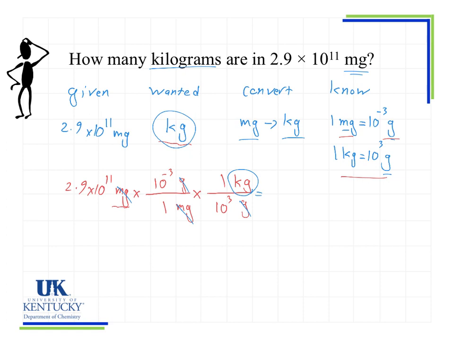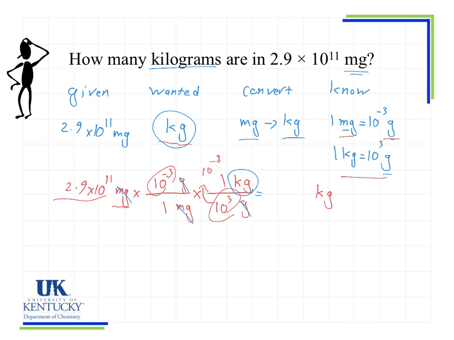So as soon as you end up with the unit which is wanted, you're done. Okay, so when you're done, you can just stop, write the units, and the rest of it is just doing the math. Put these numbers in your calculator and come up with the answer. Seems like you don't even need a calculator. So if this goes to the top, it's 10 to negative 3, and you have 10 to the negative 3, 10 to the negative 3, 10 to 11.